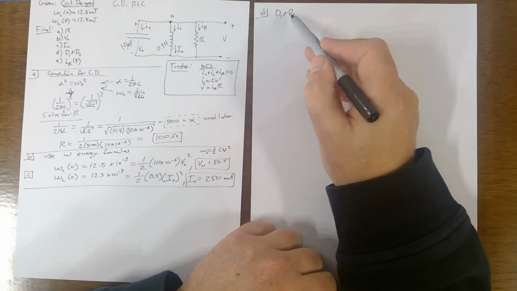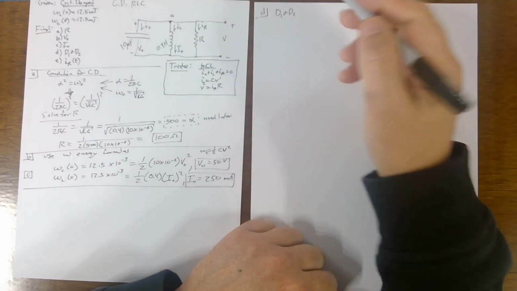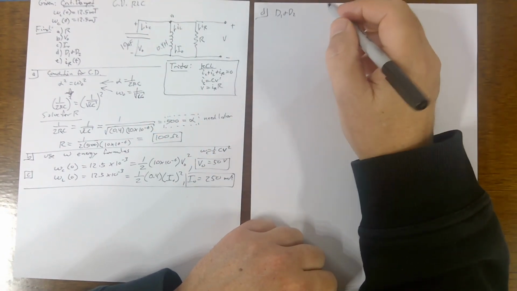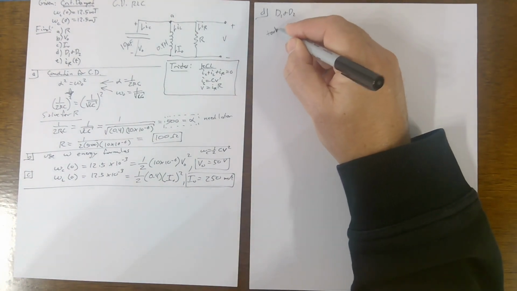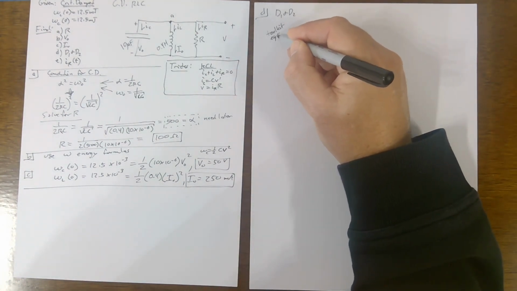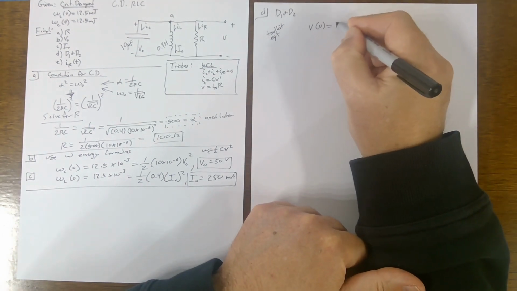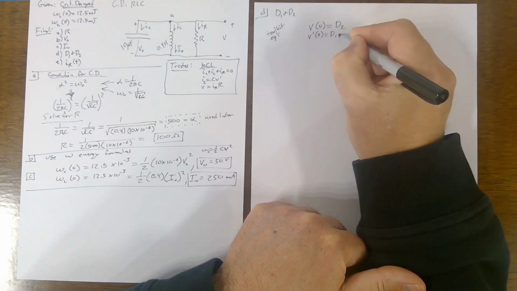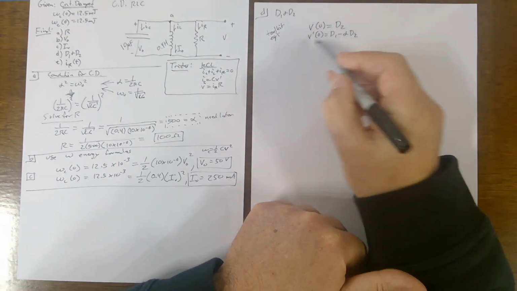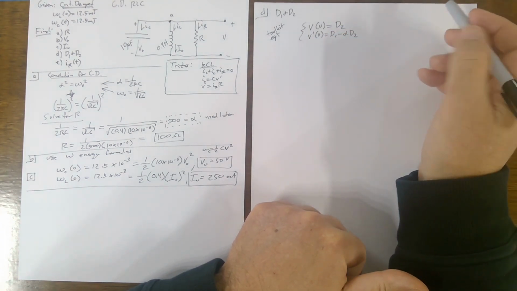D's are used for a critically damped situation. And we have these toolkit equations, I call them. We're given V of 0 is D2 and V prime at 0 is D1 minus alpha D2. This comes from our toolkit.